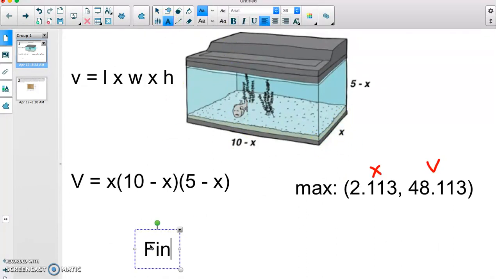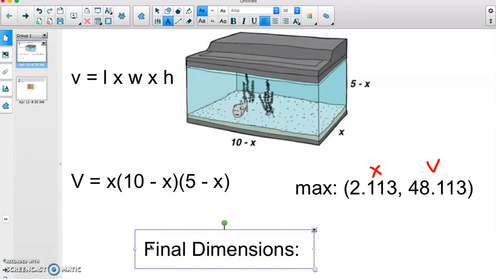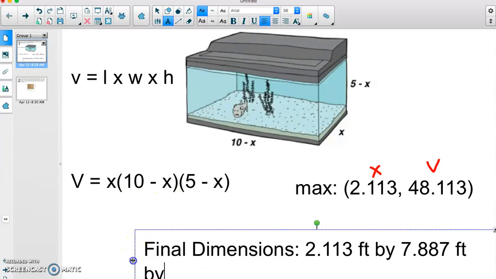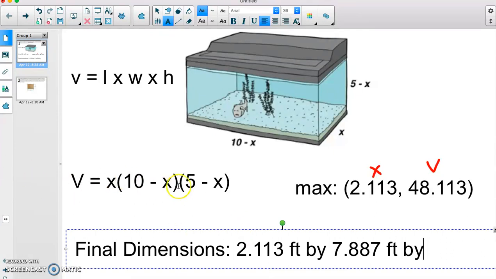So to get that, I'm just going to follow these different factors here. The length was just X, so I have 2.113 feet by, if I do 10 minus X, I would get 7.887 feet by, if I do 5 minus X, I would get 2.887 feet.